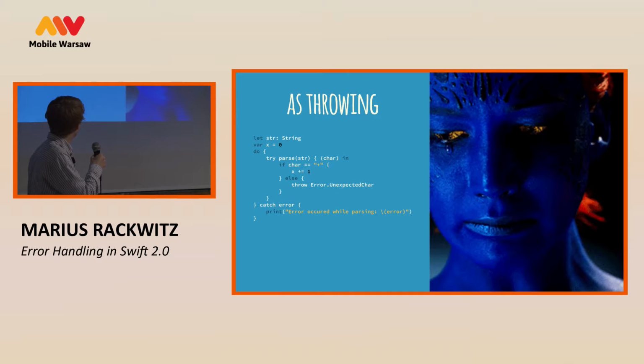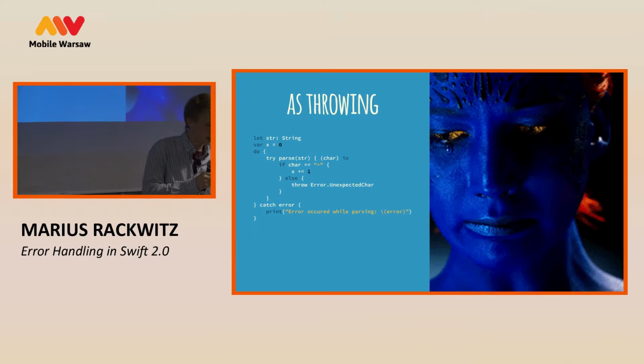And as we see, the closure which is passed to it throws an error, and by that the whole function gets throwing. So when we invoke it, we have to wrap it in a do-catch block or use it in another way, but at least we have to use it in combination with try.